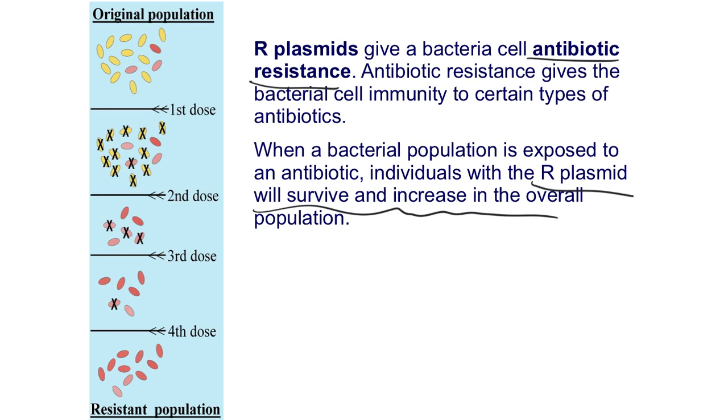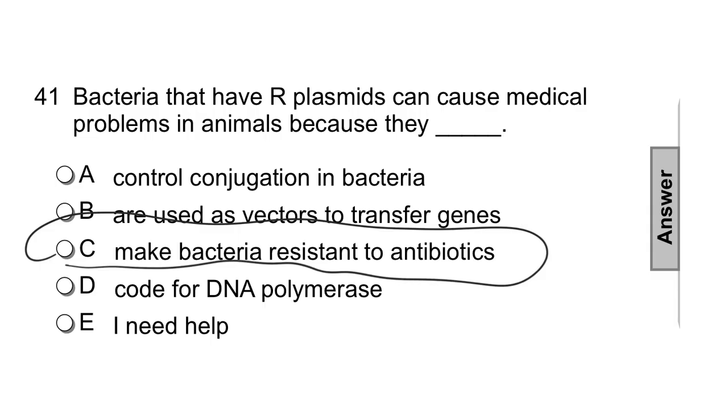So the doctor's going to have to give you a different antibiotic. Of course, R plasmids lend resistance to antibiotics, so that would be a problem if an animal gets bacterial disease and the antibiotic won't work because of the resistance of the bacteria to that antibiotic.